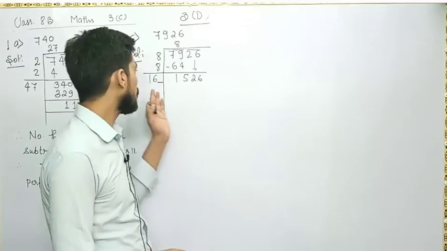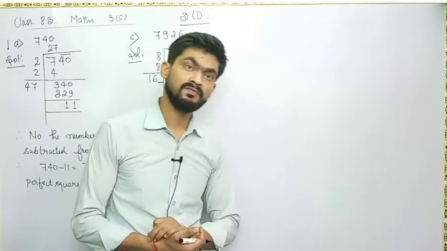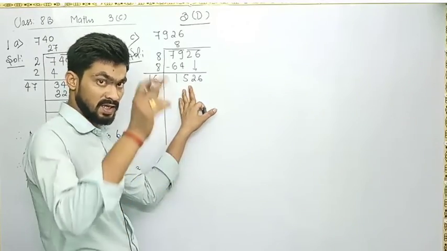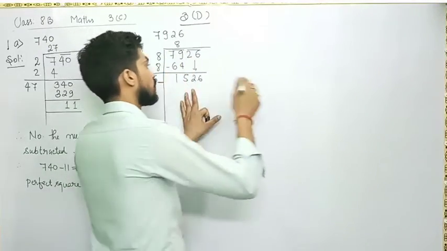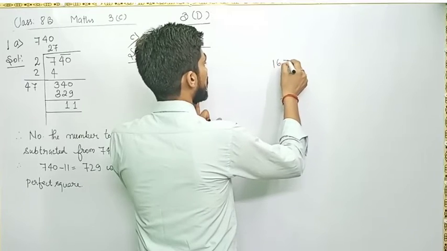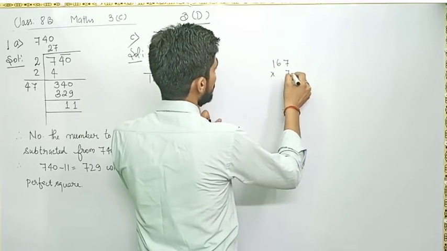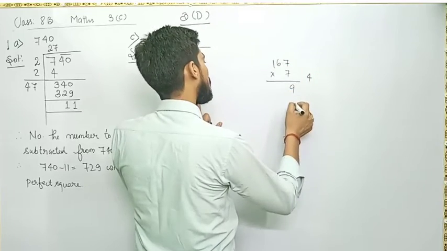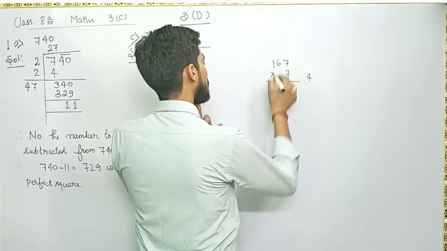If you take 8, 16 8s are 144, that will be greater than this because 8 is also there at last. So take 7, 167 multiplied by 7. 7 7s are 49, 7 6s are 42 and 4, 46, 7 is 7 and 4, 11.